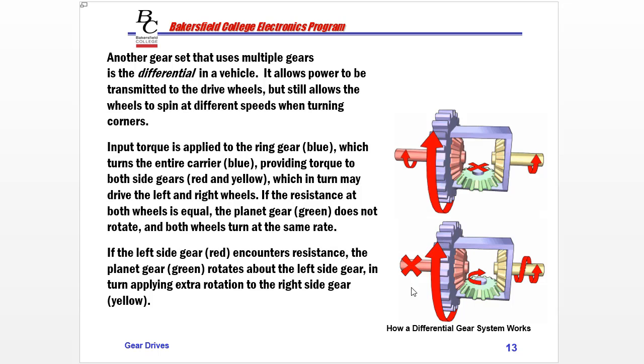So if the red side, the left side over here, encounters resistance, the planet gear here will rotate. And it turns and applies extra rotation to the yellow gear on the right side. And that's the basic function, how gears are used in a differential of a vehicle.